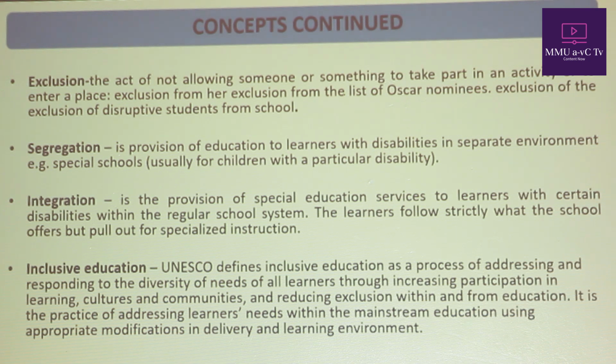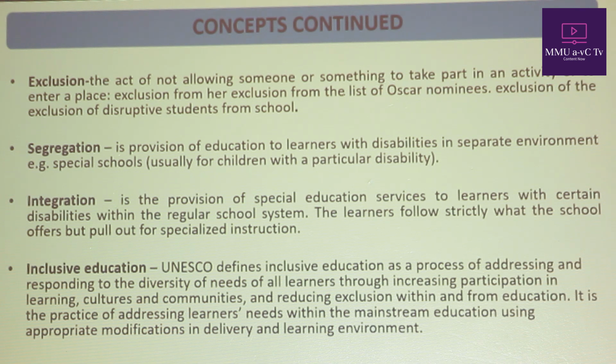For example, if we have a child with physical impairment or physical disability, in inclusive education, they are looking at how we make the environment accessible. How can a child with a physical disability access the classroom? How can this child access the administrative building?